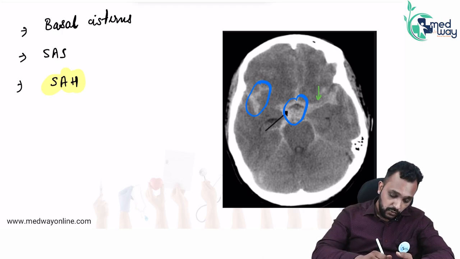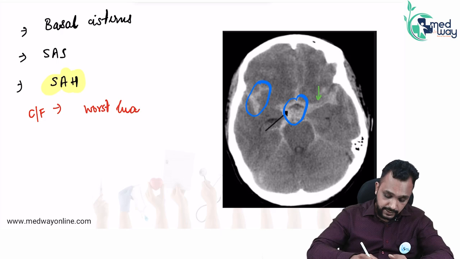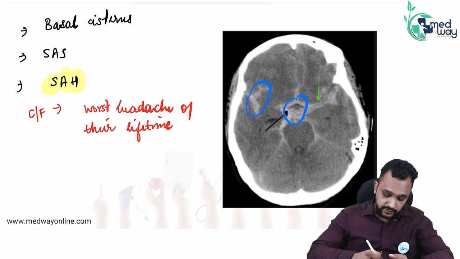Okay. Now what will be the clinical features in these patients? They will present with the worst headache of their lifetime. And what is the cause of the bleed in these patients?